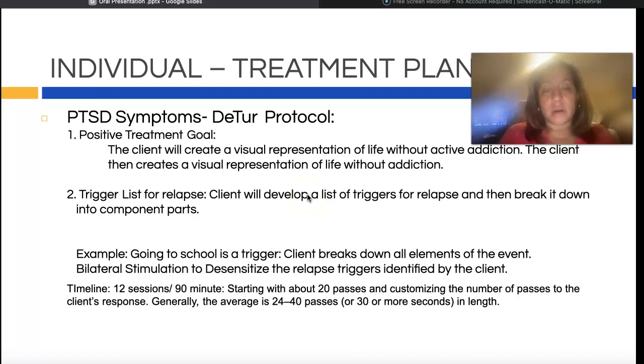But for Sarah, a treatment plan will consist of essentially two parts. One, we will really explore her PTSD symptoms under the EMDR structure. There's a protocol that's called the Detour Protocol, and we would focus with her on creating a visual representation of life without active addiction.